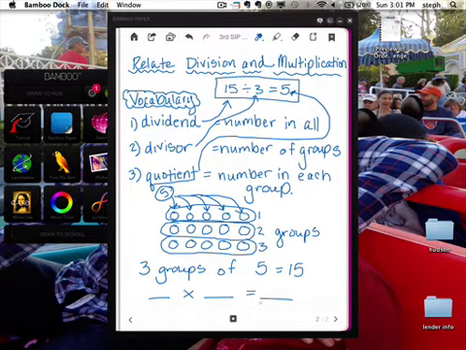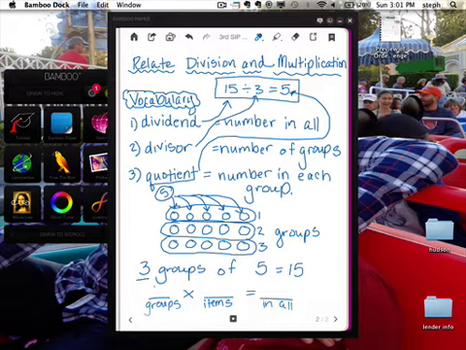Over here on the end is going to be the number in all, like in our division problem. And this number is the number of groups. And this number is the number in each group, so items in the group.